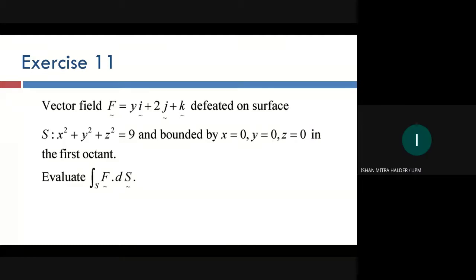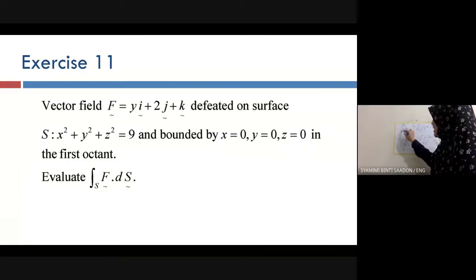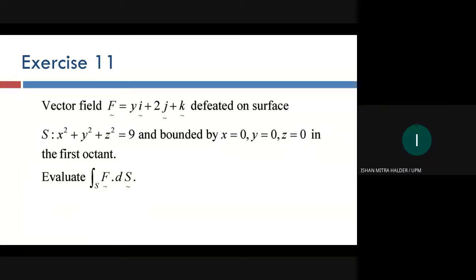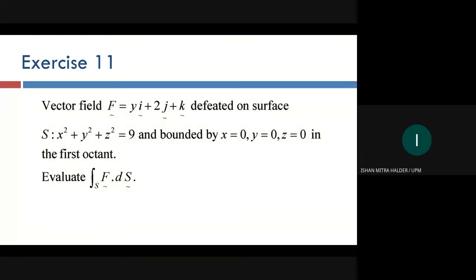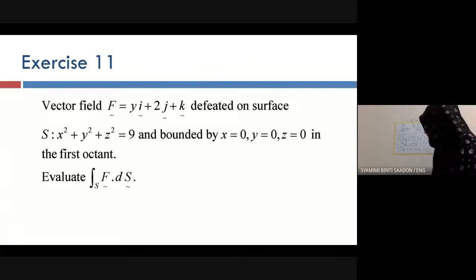I get it now, Doctor. I actually mixed it up with the boundary conditions. Sorry, Doctor. Okay, thank you so much, Doctor.